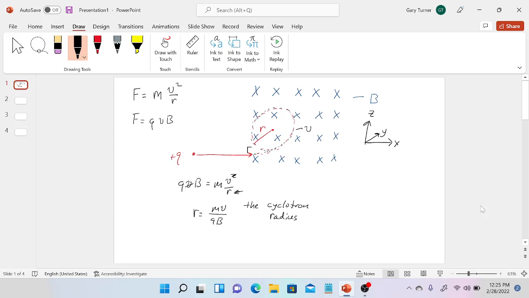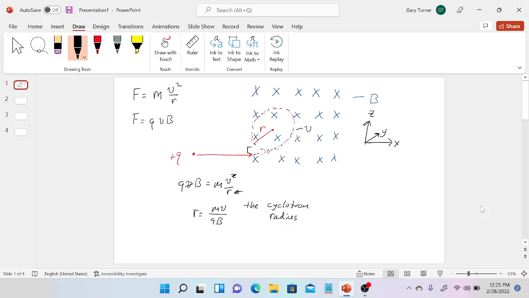The cyclotron radius is the radius of the circle inscribed by a charged particle when it's traveling in a magnetic field at an initial perpendicular angle. And note that the angles will always stay perpendicular.